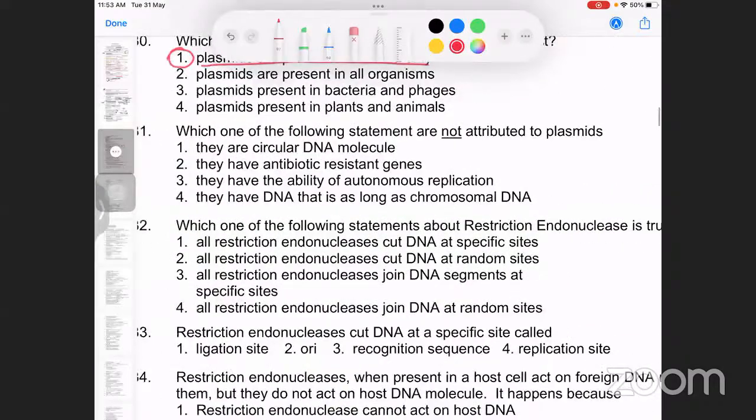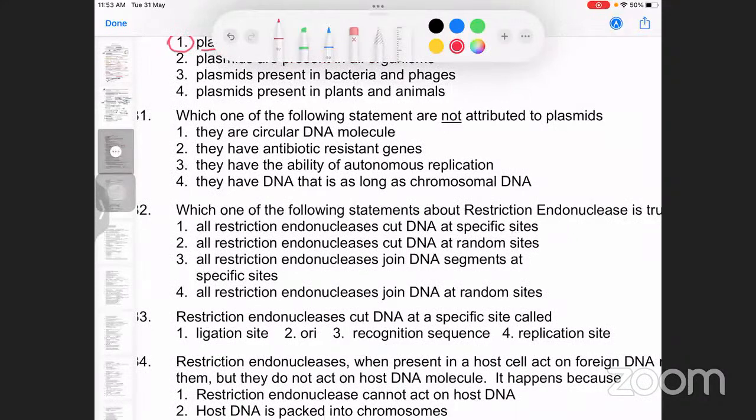Which of the following statements are not attributed to the plasmid, or not correct with respect to plasmid? They are circular DNA molecules. They have an antibiotic resistant gene, and they have the ability of autonomous replication. They have DNA that is as long as chromosomal DNA. No, this is not attributed to plasmid. Plasmid, as we all know, is a circular DNA molecule. It will have a resistant gene, that is a tetracycline resistant gene, or it may be an ampicillin resistant gene.